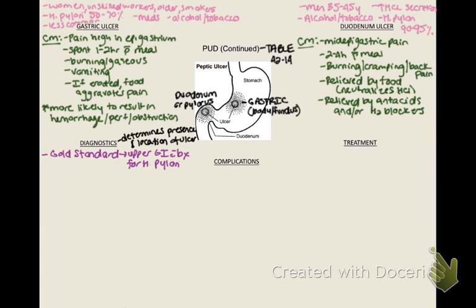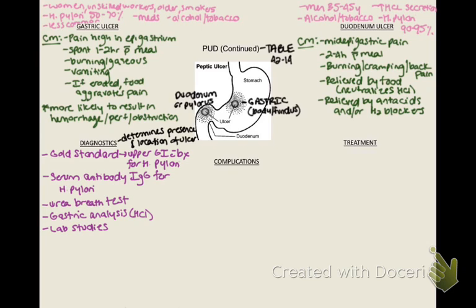You've also got H. pylori testing of the breath, urine, blood, and tissue. You can do a gastric analysis to check for the levels of hydrochloric acid. And then they can do upper GI barium contrast studies. Your lab studies would include a CBC to check for anemia secondary to bleeding.